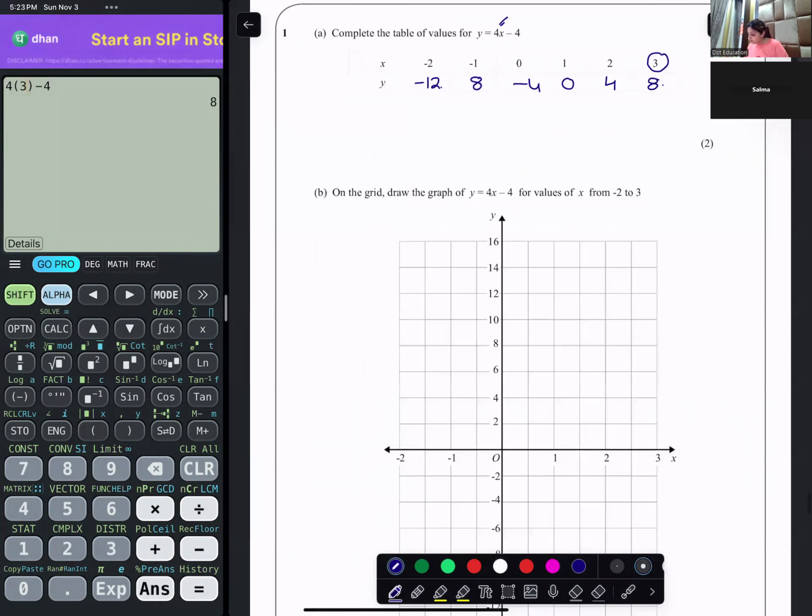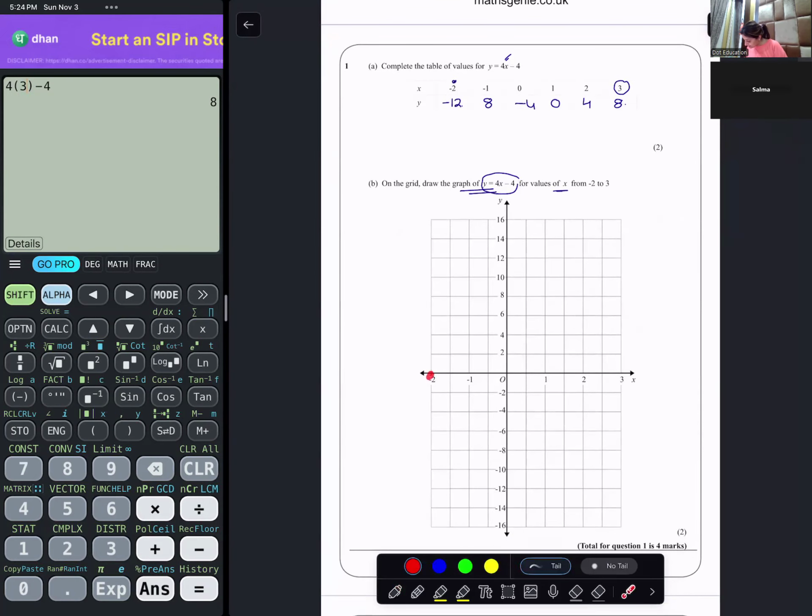On the grid, draw the graph of y is equal to 4x minus 4 for values of x from minus 2 to 3. That means minus 2, minus 1, 0, 1, 2, and 3. These are my values of x. Now I will plot it. When x is minus 2, y is minus 12.